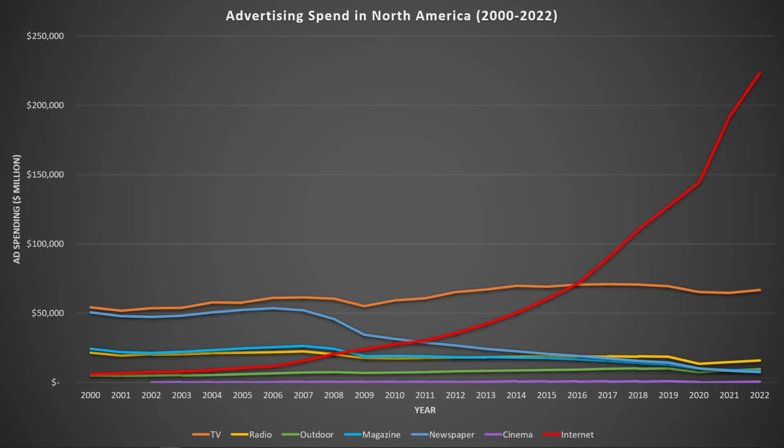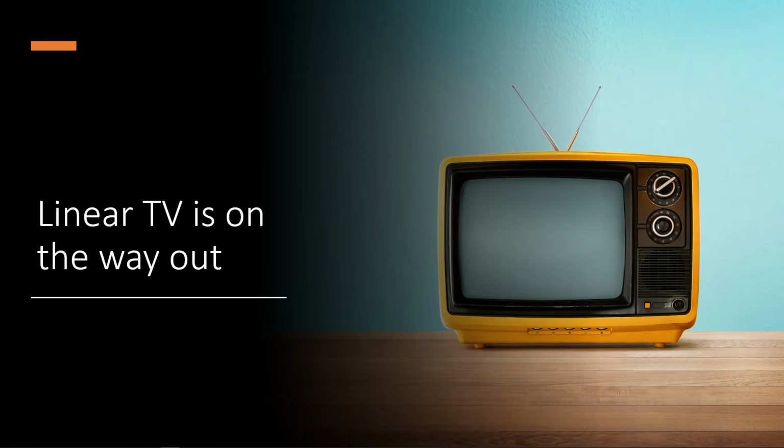So what about looking into the future? In the next decade, a major change that has already been happening is that linear TV is on the way out. By linear TV, I mean the type of TV programs where users are not selecting what TV programs to watch, but just watch whatever is on the TV.